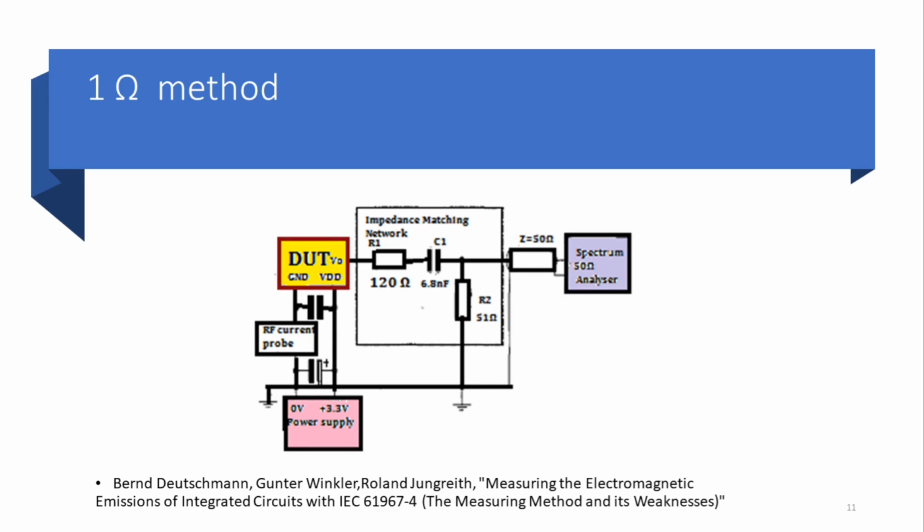So the 1 ohm method or the 150 ohm method, this is the same thing. Typically, if it's a 150 ohm method, it's only that the probe resistance would be 150 ohm. The coupling network would offer 50 or 150 ohm.